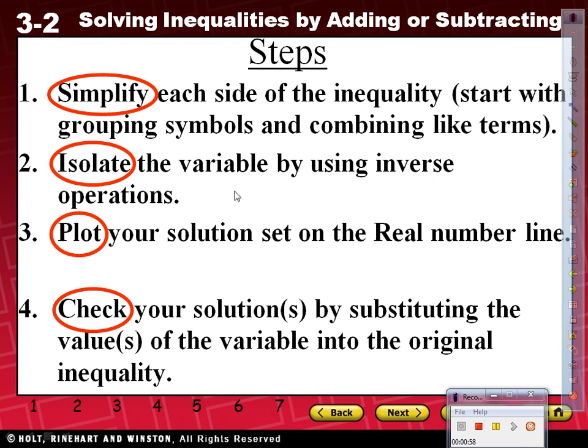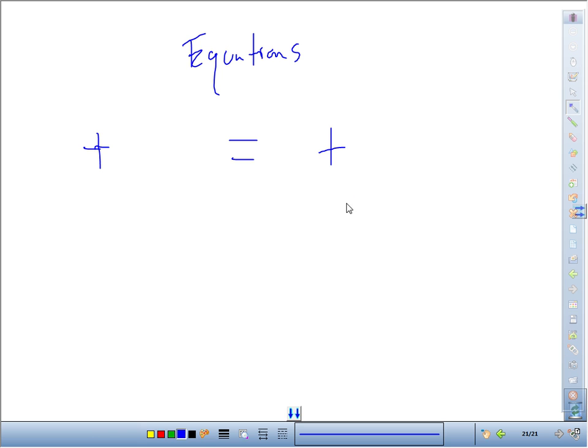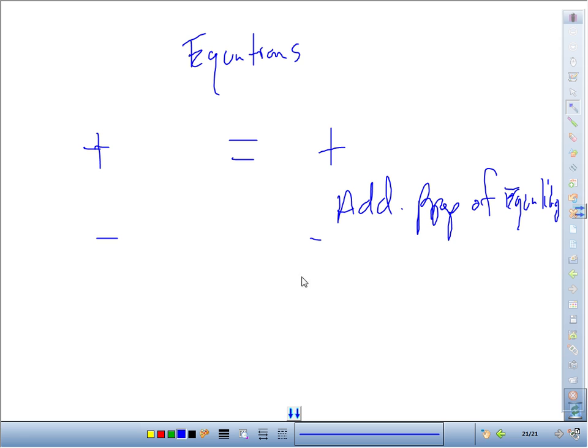Okay. So, properties. Let me address this really quick. Pens down, eyes up here. Now, when we got to equations, check this out. Whenever we add something to each side of the equation, that's called the addition property of equality. Remember that? How about when we subtract something from each side?